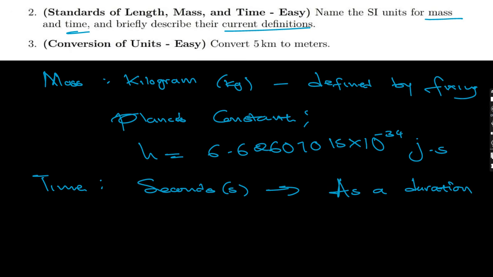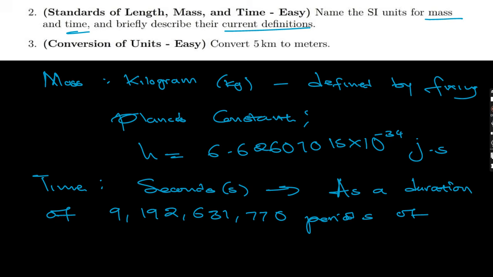This is a duration of 9,192,631,770 periods of the radiation of the cesium 133 atom.